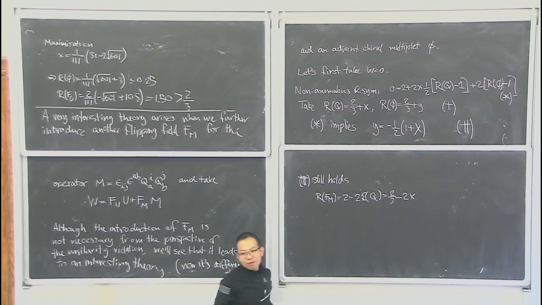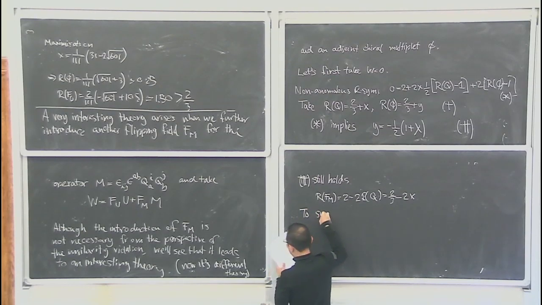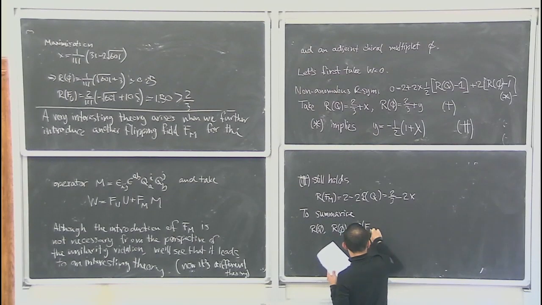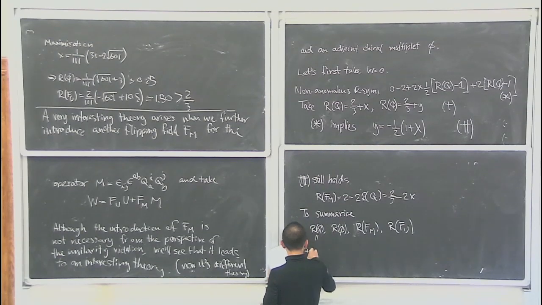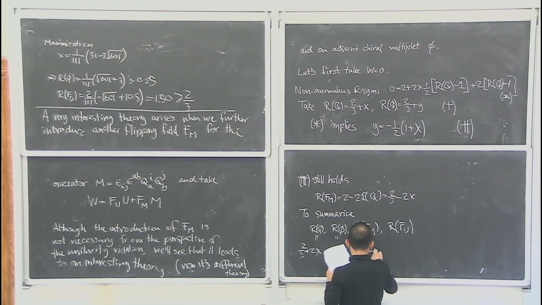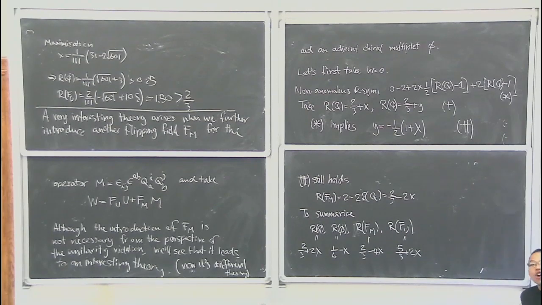Now I have so many fields, I cannot keep track of them anymore. So let's summarize. You have R of Q, R of phi, R of F_M, and R of F_U, which become 2/3 plus 2x, 1/6 minus x, and 5/3 plus 2x for the others. How many non-anomalous U1 non-R symmetries do we have? One. And the coefficient, as usual, tells us what their charges are.